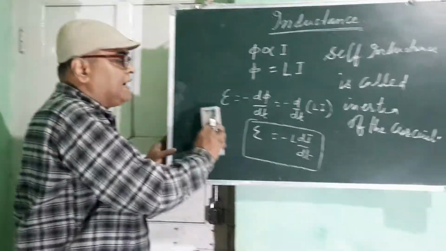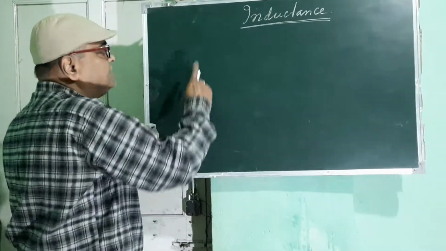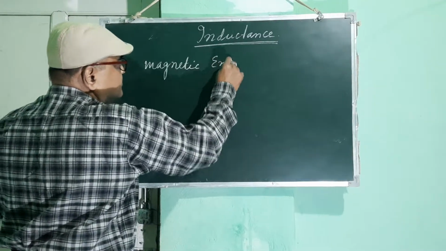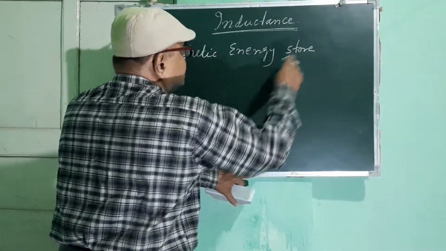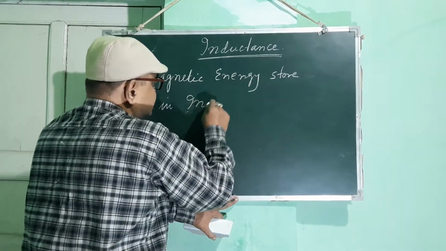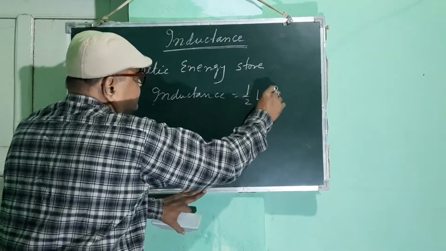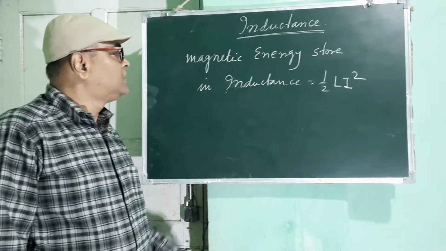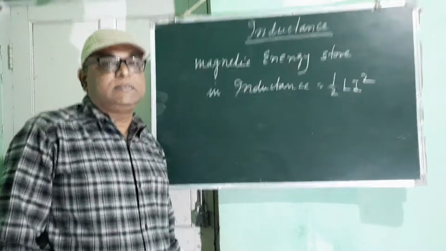The magnetic energy stored in self-inductance is equal to half L I square, and that energy is stored as magnetic energy. That is all about self-inductance.